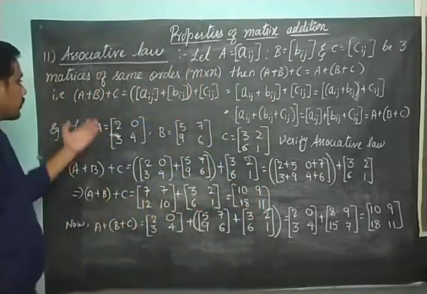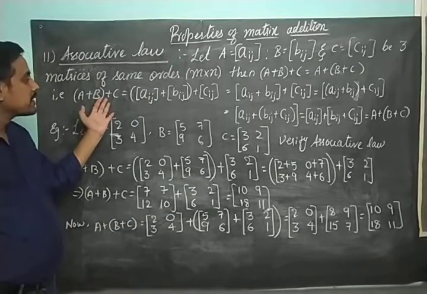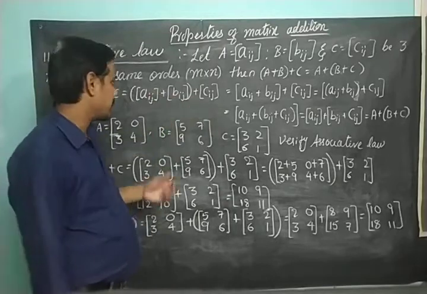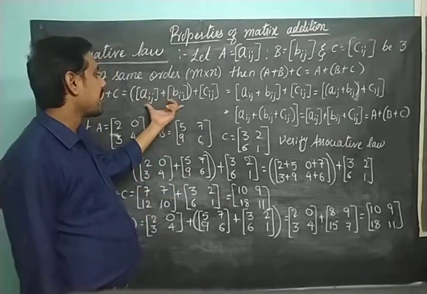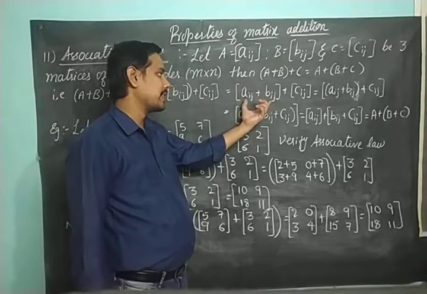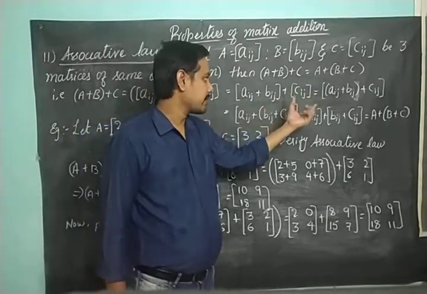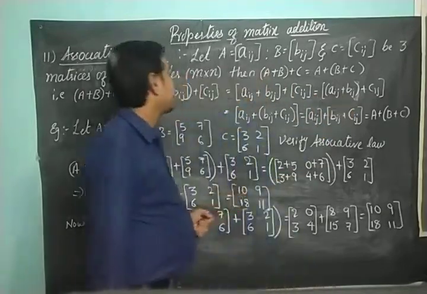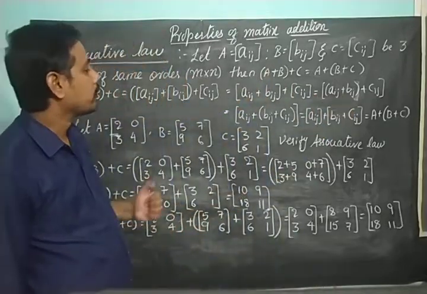So (A + B) + C is equal to what? [aij] plus [bij] in a bracket, plus [cij]. If I add the matrices aij plus bij, I will get this value, and cij is separate. When I add them, aij plus bij will be in the bracket, then cij will also come inside.